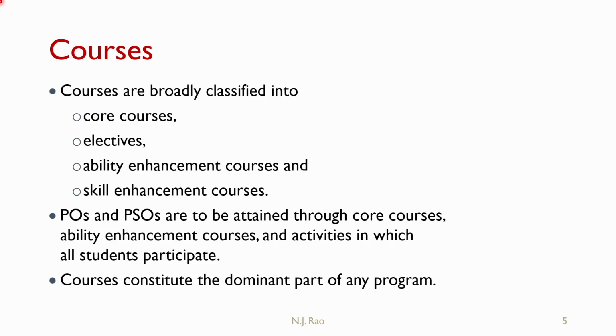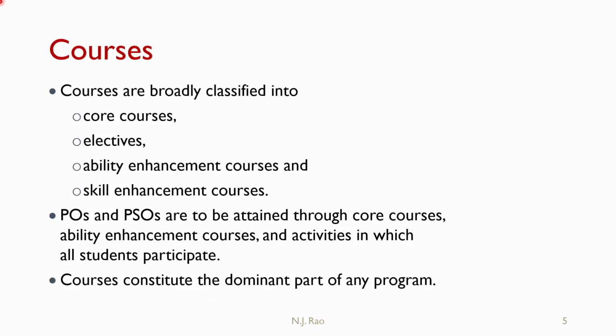And there are what are called ability enhancement courses and skill enhancement courses. This is the terminology presently used by UGC. Ability enhancement courses are compulsory for all students, but skill enhancement courses are to be treated as electives. That means every student will not take every skill enhancement course.